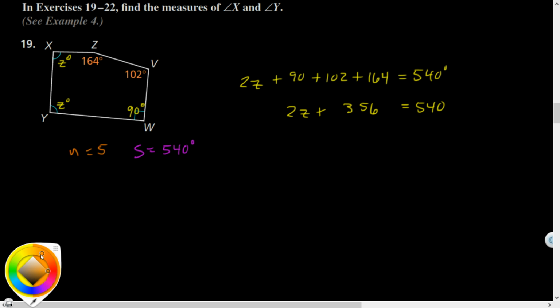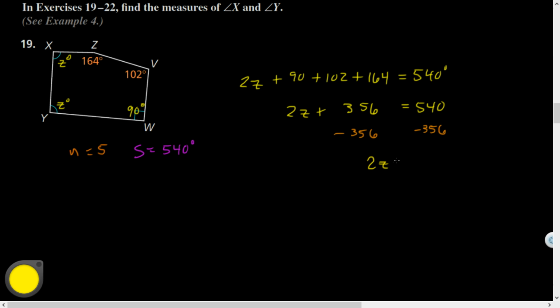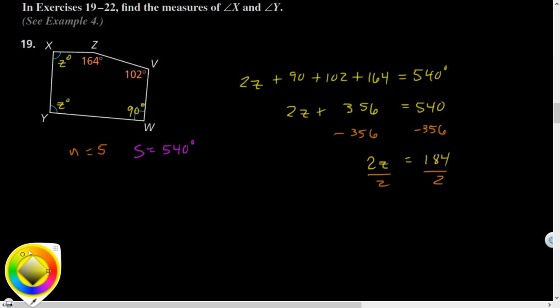Subtract 356 from both sides, and I have 2z equals 540 minus 356, which is 184. Then divide both sides by 2. And what do I get? z is equal to 92.